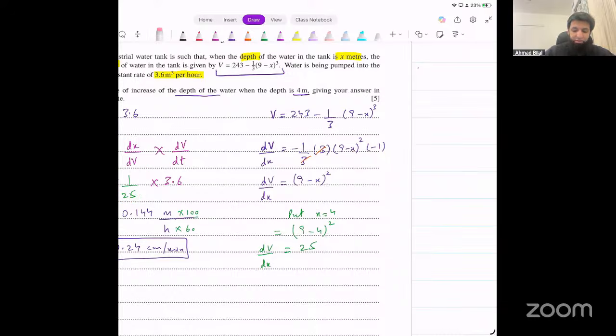But in this case, there's a problem with units. They expected the answer to be in centimeter per minute. So you'll change it to centimeter per minute. 1 meter has 100 centimeters. So you can multiply by 100 for that reason. Okay. And then 1 hour has how many minutes? 60 minutes. You divide by 60 for that reason.